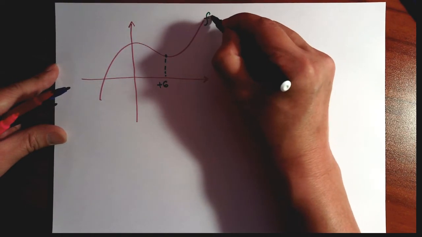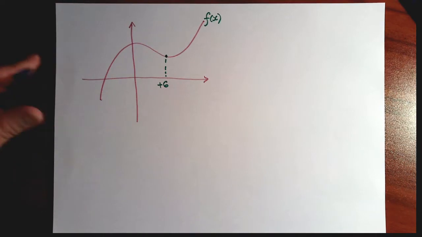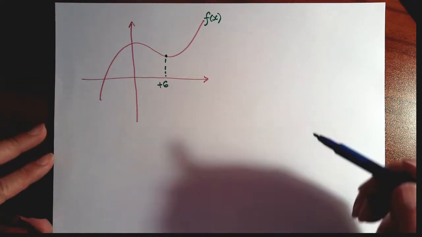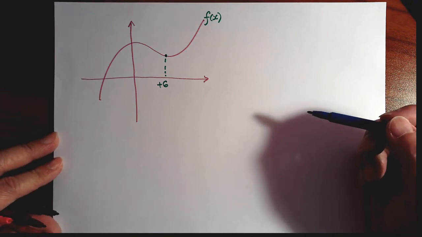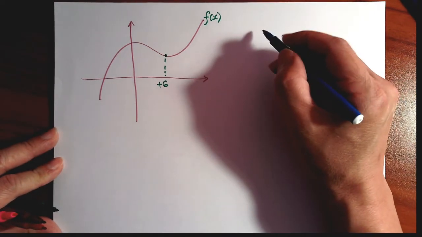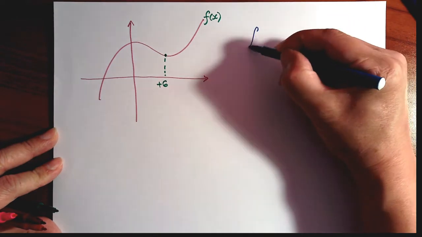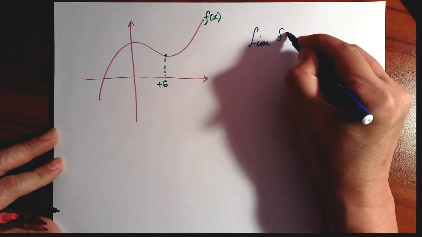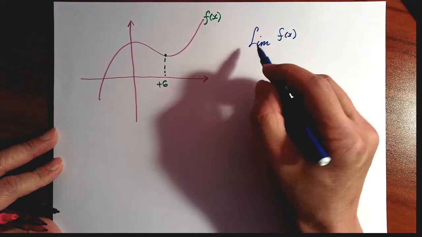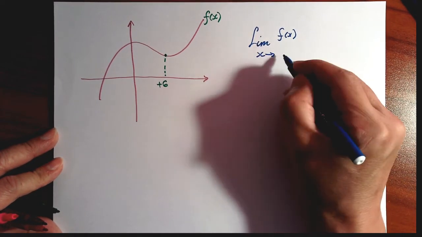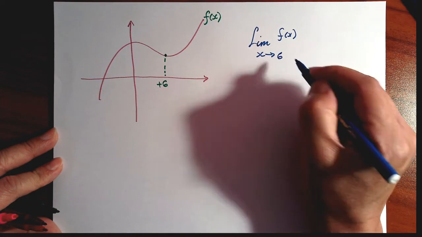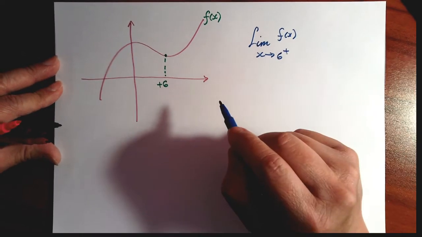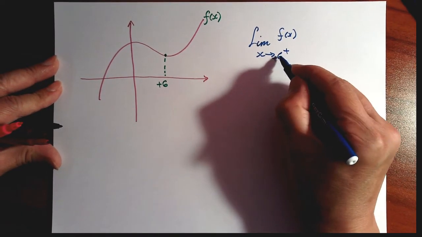Let's call the curve f of x. So I can say, try to find out the limit of f of x as x approaches 6 from the positive.